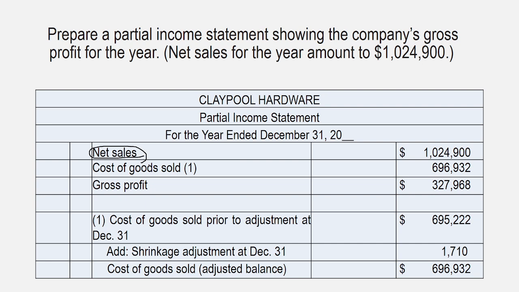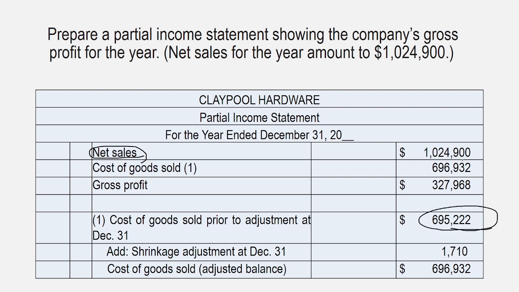1,024,900. And cost of goods sold is the total cost incurred to produce or purchase the goods sold during the period, and includes the beginning inventory, purchases, and adjustments for inventory shrinkage and discrepancies. The first step in calculating the cost of goods sold is the initial cost of goods sold before any adjustment, and here it is recorded as 695,222.